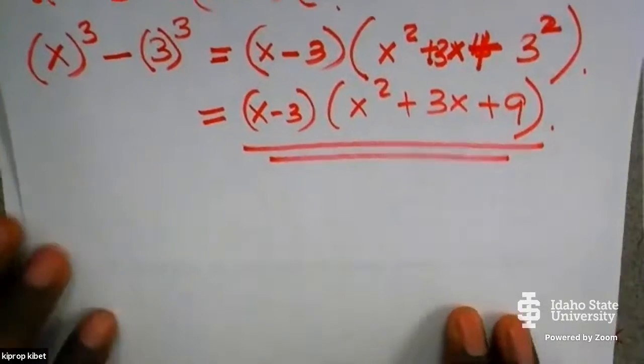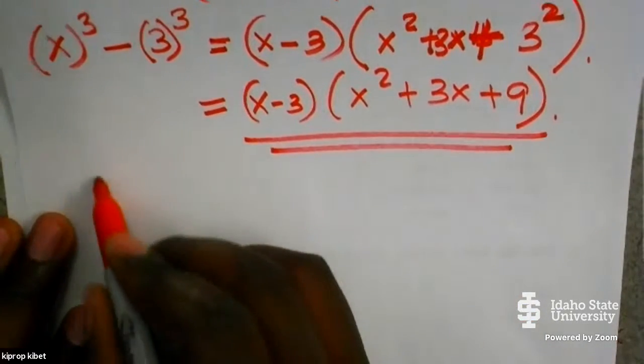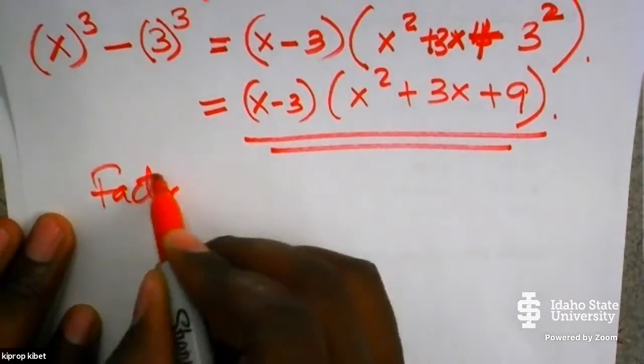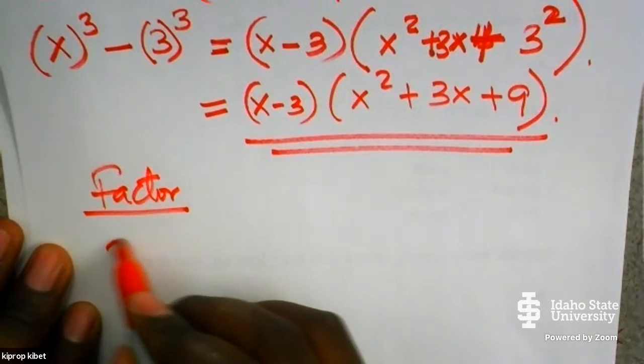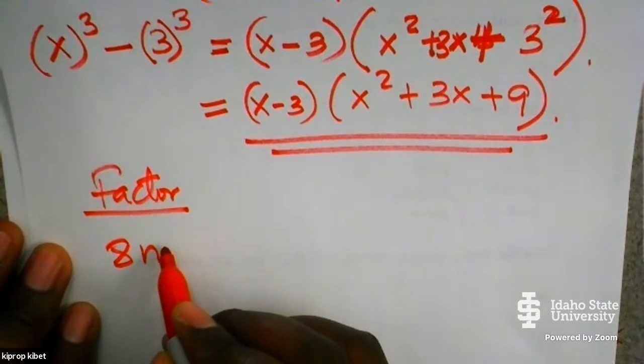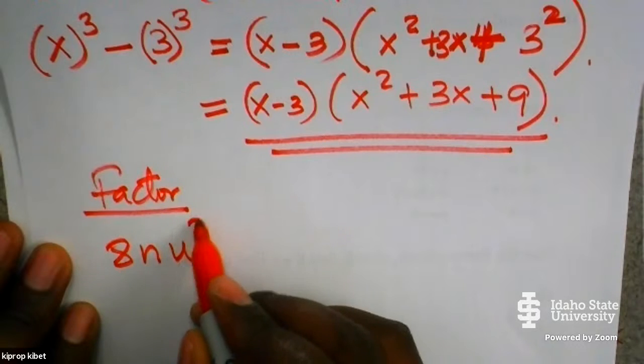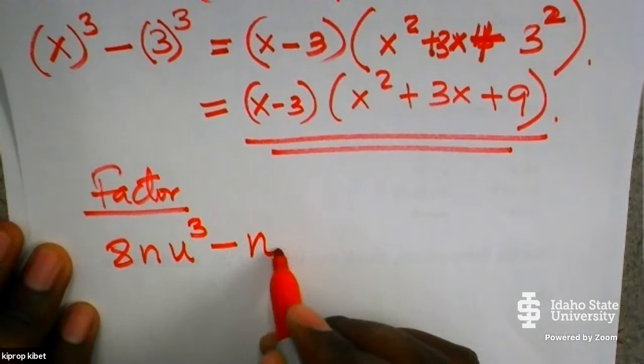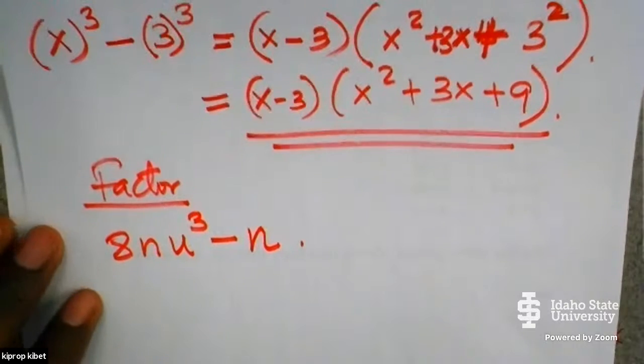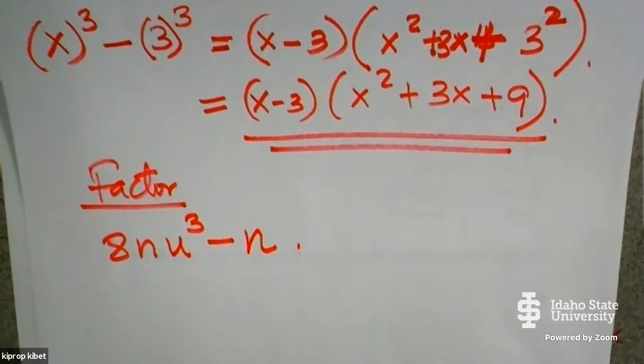Example number 2: factor 8n u cubed minus n.